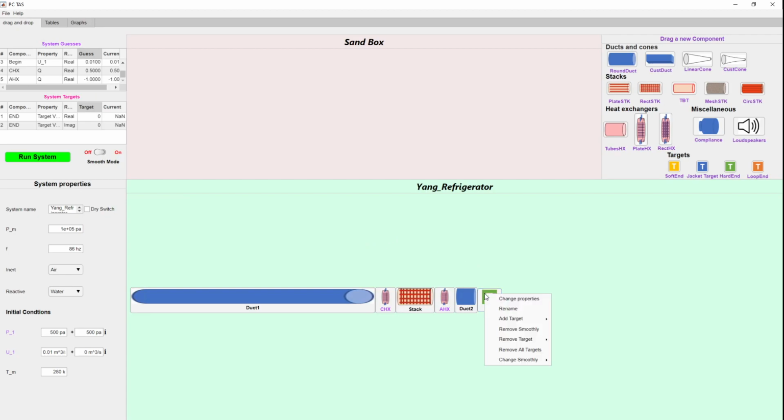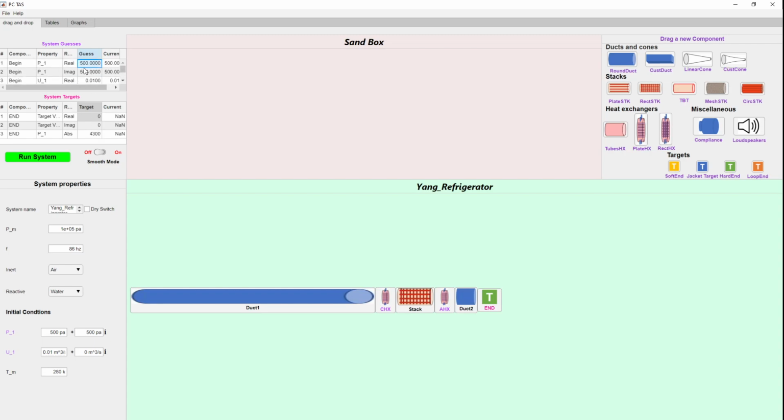We also want to target the pressure at the end. I'm going to target the absolute value. I'm going to give it a target value of 4,300. Notice that when you create a guess or a target, then you can change the values through the table. The automatic value is usually the current value of the property.